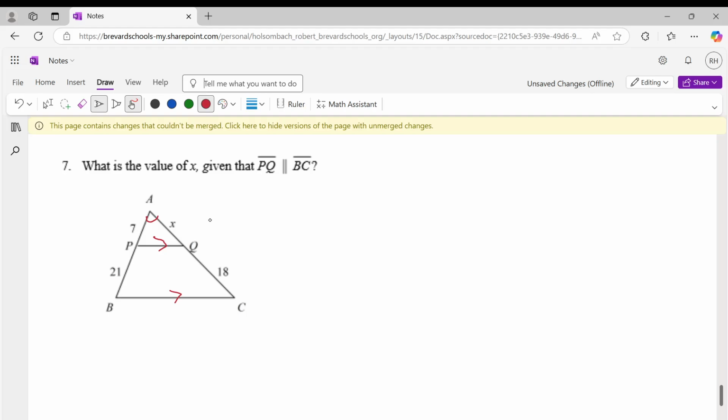Okay? So we're going to take short side of the little triangle, which is 7, put it over the entire side of the bigger triangle, which is 28. We're going to set it equal to x over x plus 18.